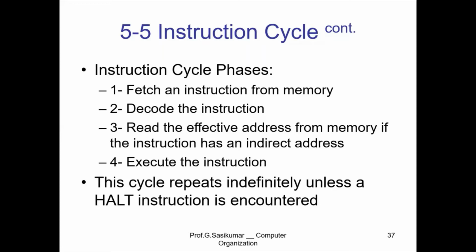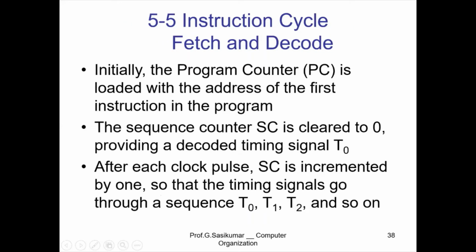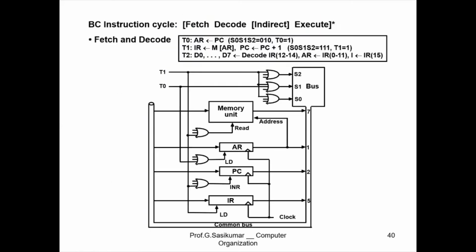Every time anybody is trying to access a computer, an ATM machine, or a smartphone, this is what we are doing: fetch, decode, read, execute. This cycle will always repeat. In a basic computer instruction cycle, how is it fetching the data?